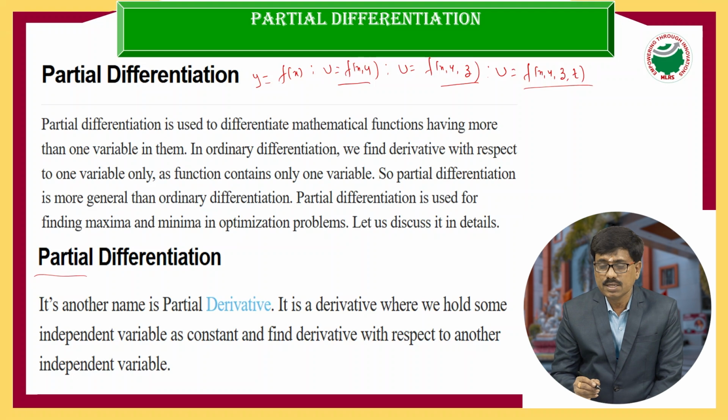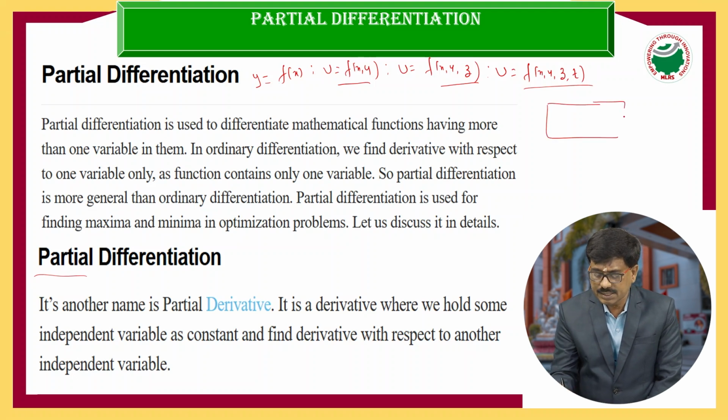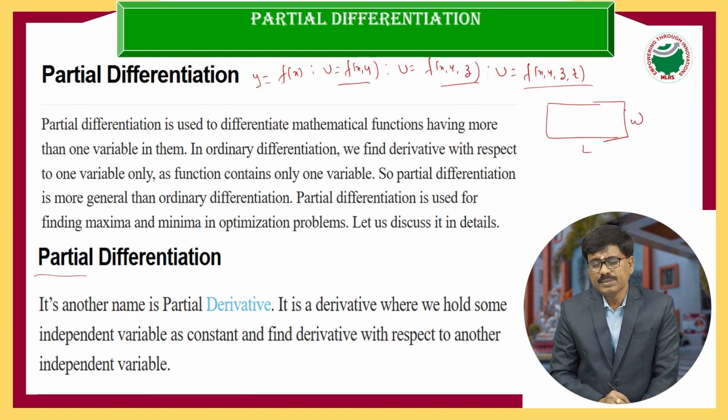Let us take a rectangle. There is a length and width. See, if I am increasing the length, there is no change in the width. Are you observing now? If I want to increase the width, both sides will be increased, whereas the length will not change.